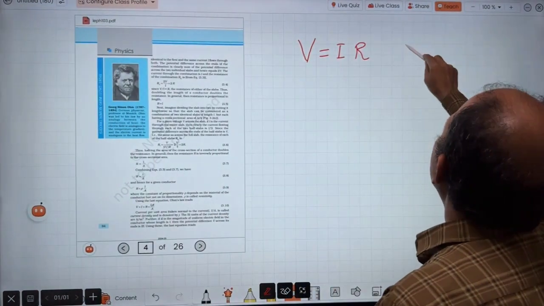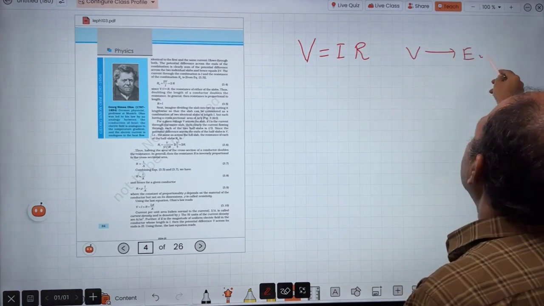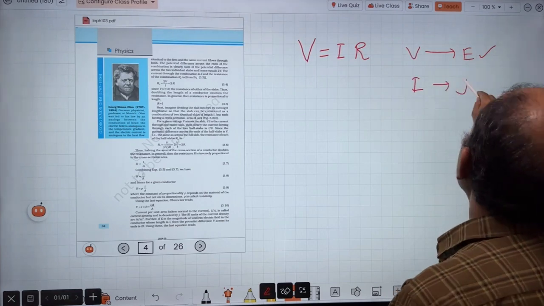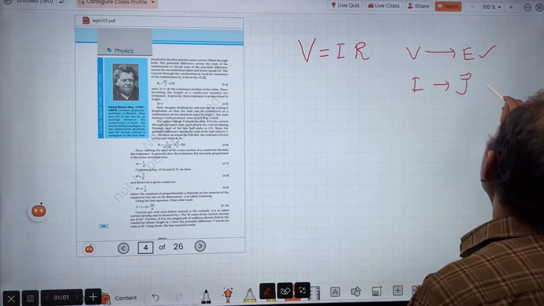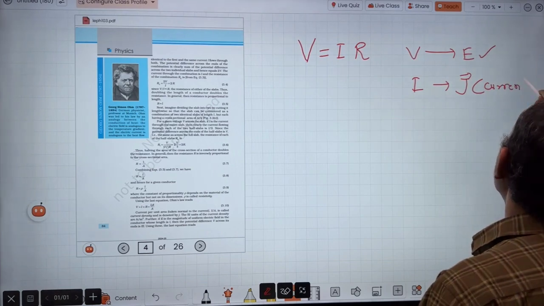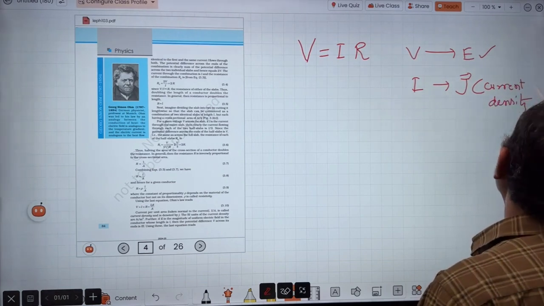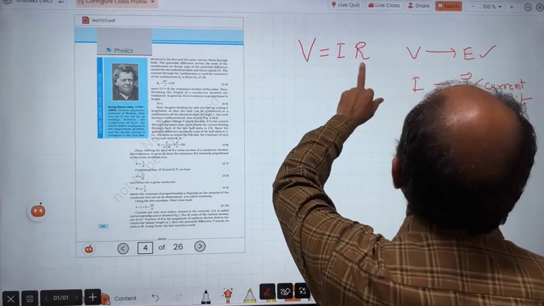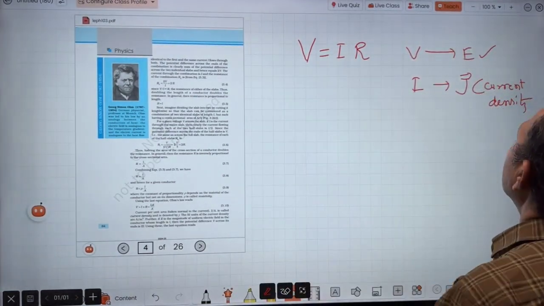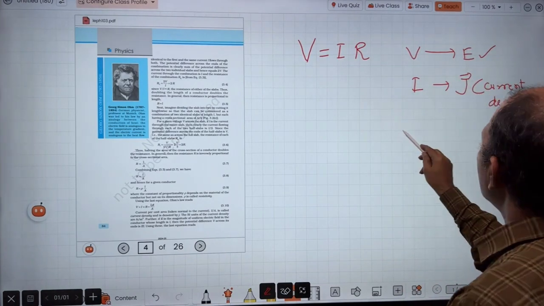So if we replace V by electric field, which is a vector, and I by current density J, which is also a vector, in that case the same law will convert into vector form. But for that, you have to check the relation between V and E and I and J.